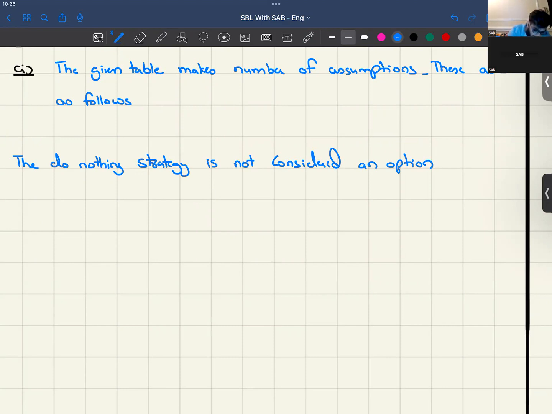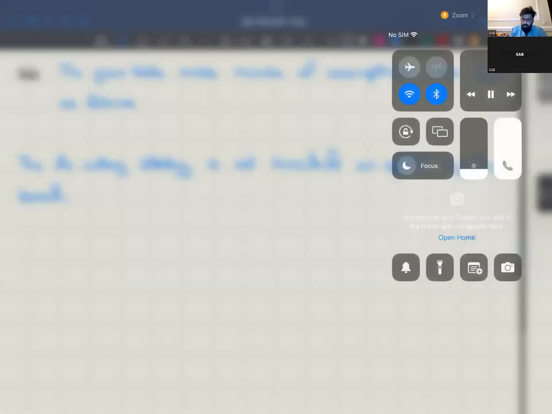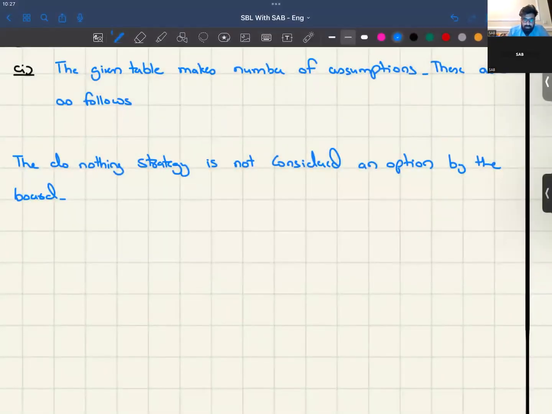Now ask them why they did this. So the do nothing strategy is not considered an option by the board, and you should ask them why.